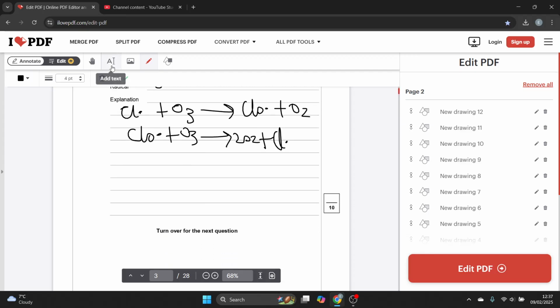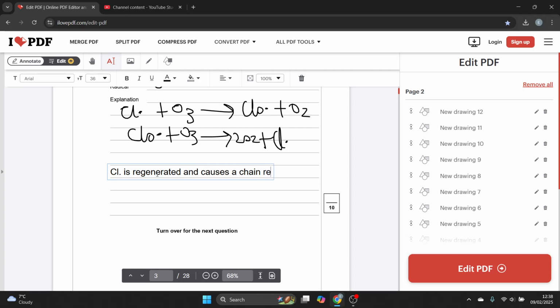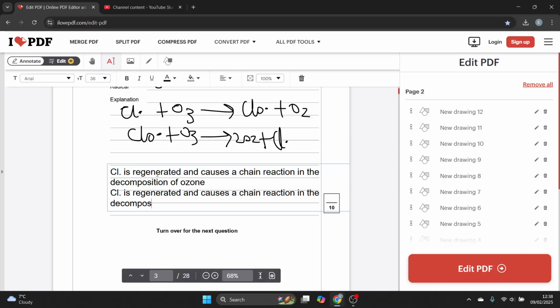And then the explanation: the Cl dot is regenerated and causes a chain reaction in the decomposition of ozone.